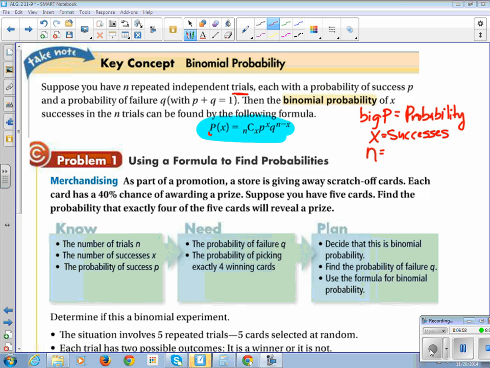Yeah, it's the number of trials. And then what is the C? We did this in section 1. So this is combination. So it's N choose X. All right, what does little p stand for?